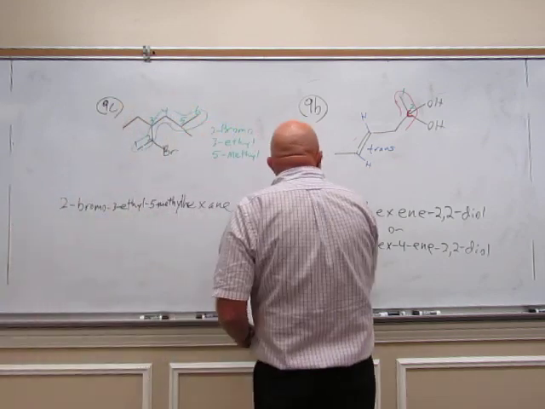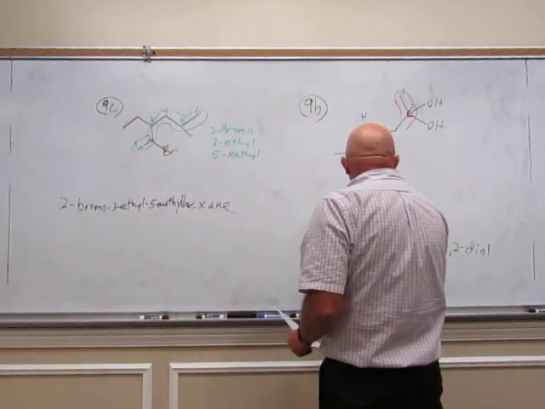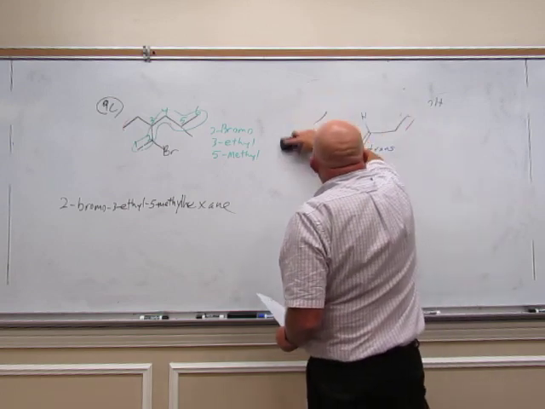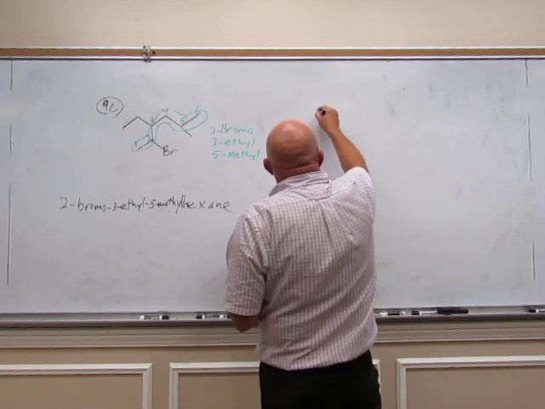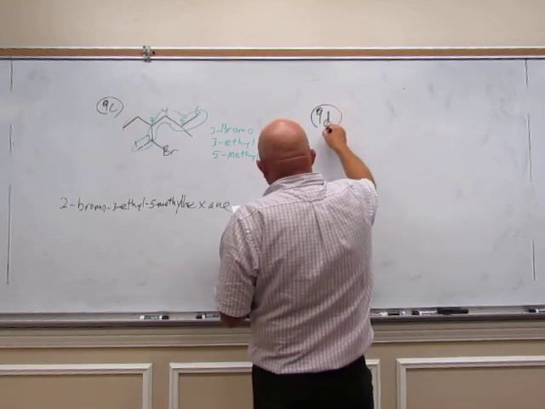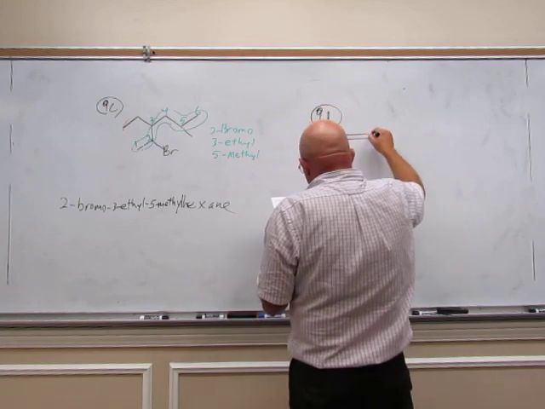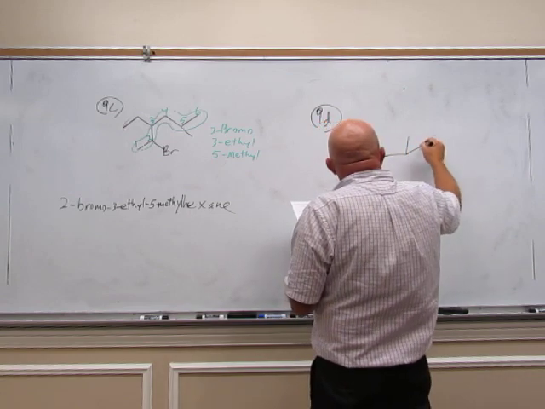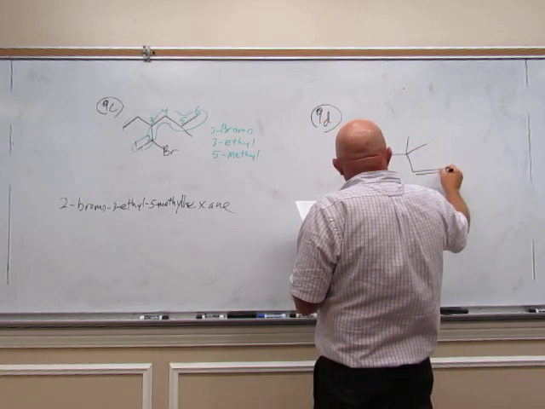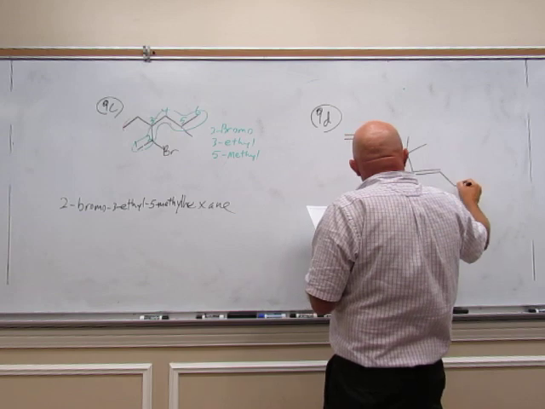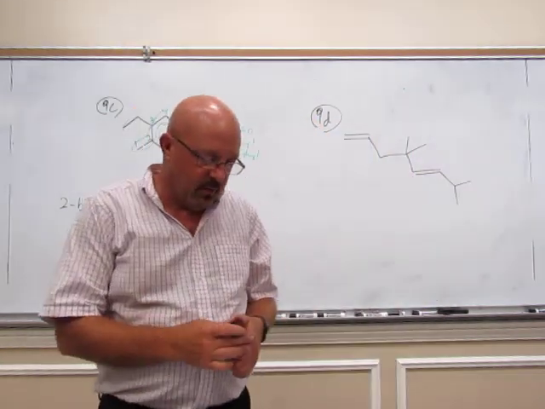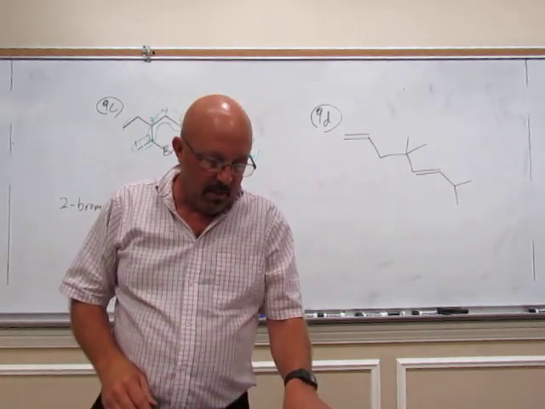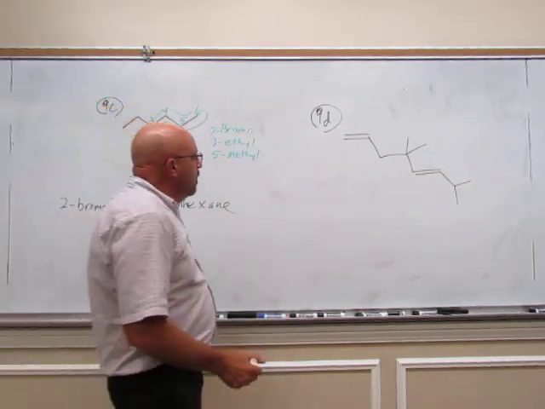Our last one here on the old exam, this one has got 2 alkenes in it, so our rule there for alkenes, we must include both carbons of the double bond.